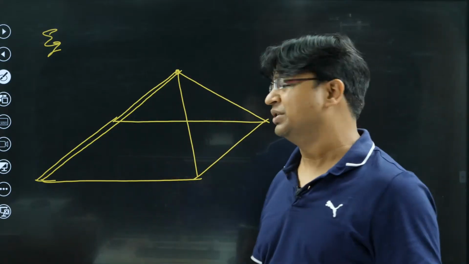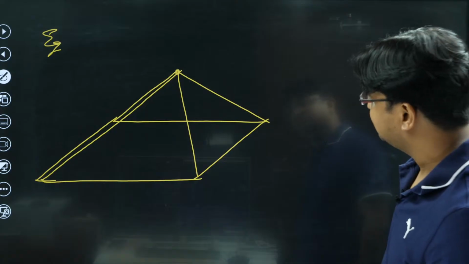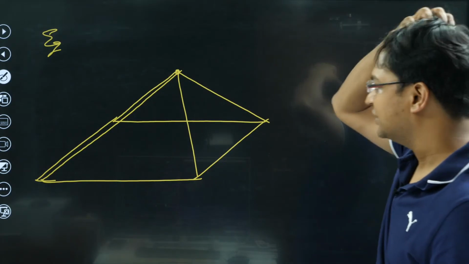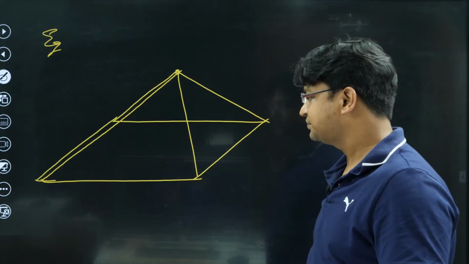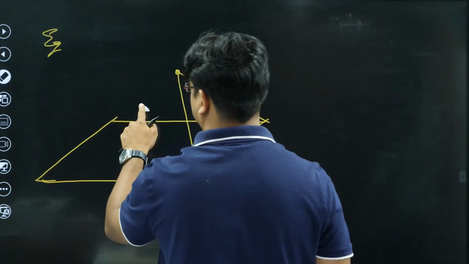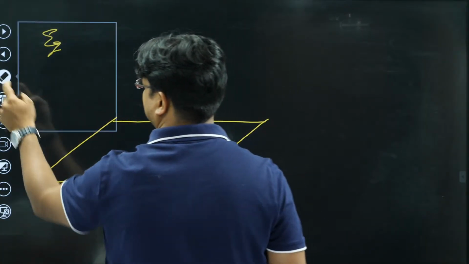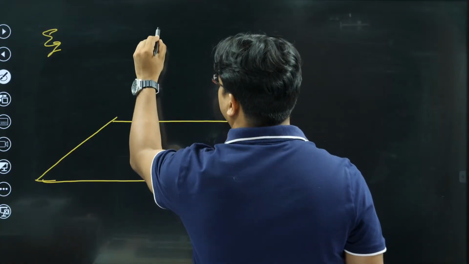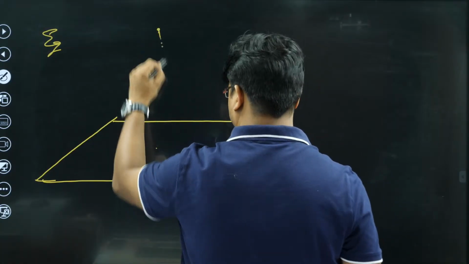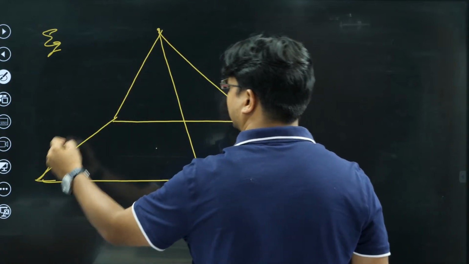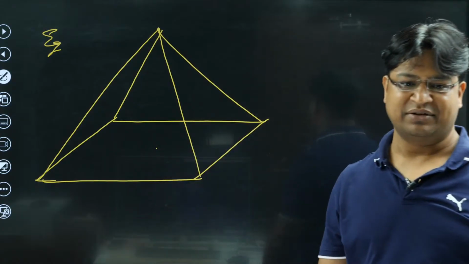I always tend to do that when I try to make a pyramid. Maybe a little bit higher would have been a better figure. Let's make a better figure. I guess much better.